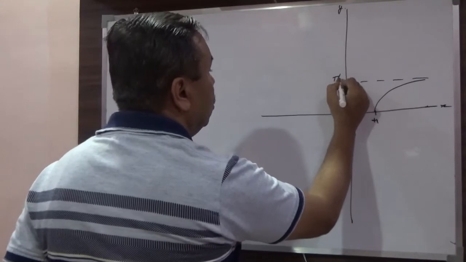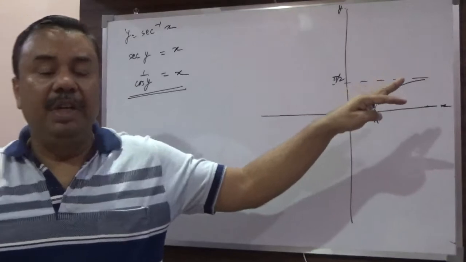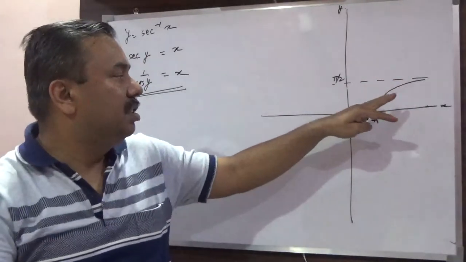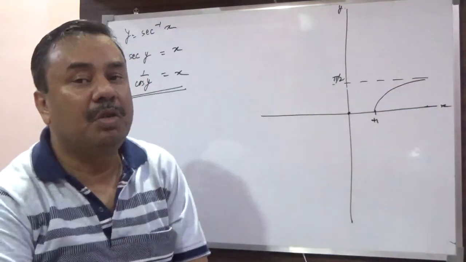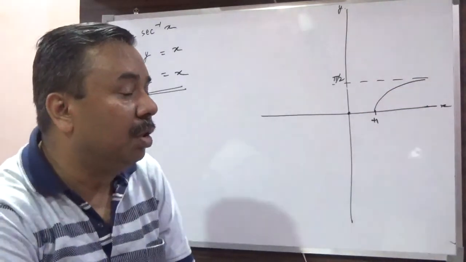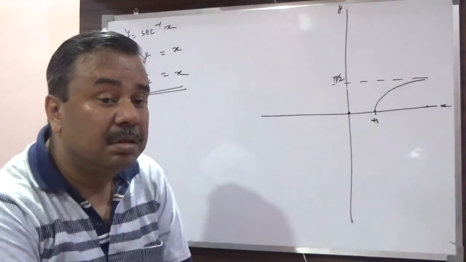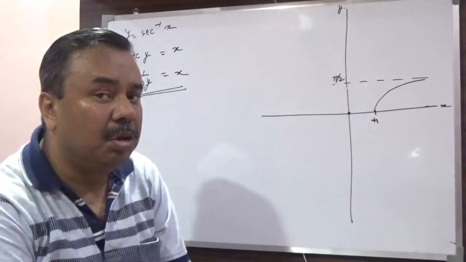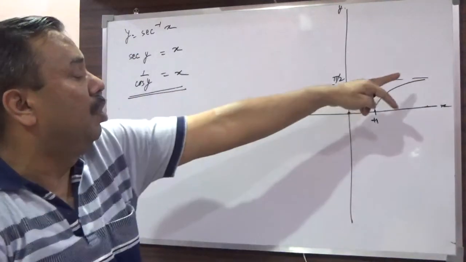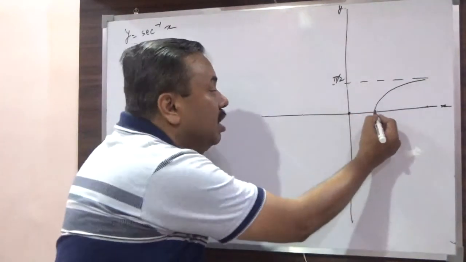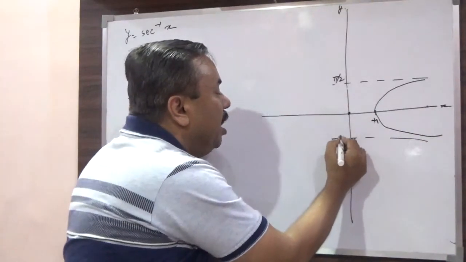Why? It will keep on increasing as we increase the value of x, and again at x equal to pi by 2, what was cos pi by 2? Cos pi by 2 is equal to 0. So 1 by cos pi by 2 will not be defined there. Similarly, this is also in this way. This is your value minus pi by 2.